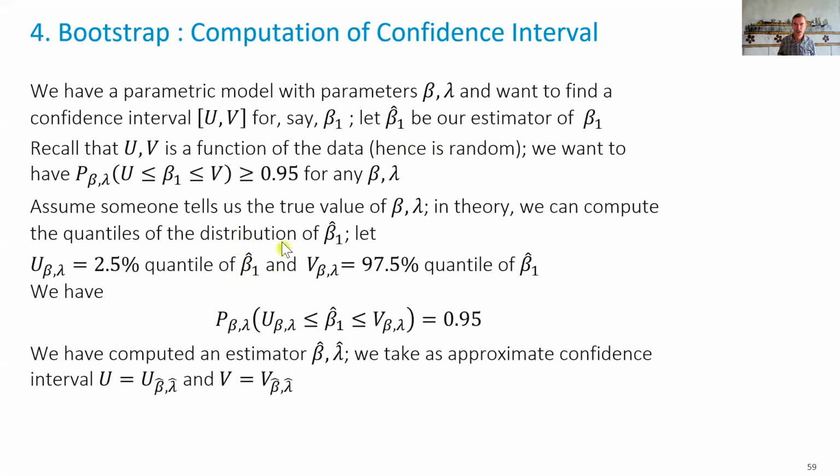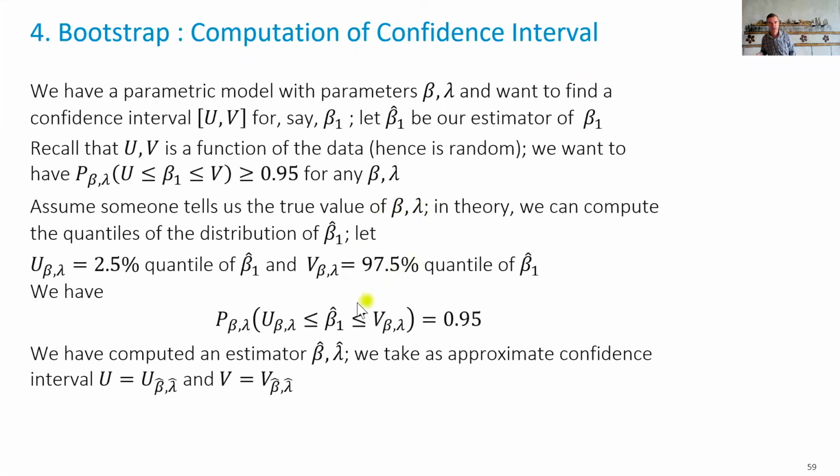And that gives me 1 million samples of beta 1 hat, given that beta and lambda have these values. And then I can estimate the quantiles of this distribution. Out of my 1 million points, I eliminate 2.5% top and bottom values, and that gives me my lower and upper bound here. So in theory, we could do that.